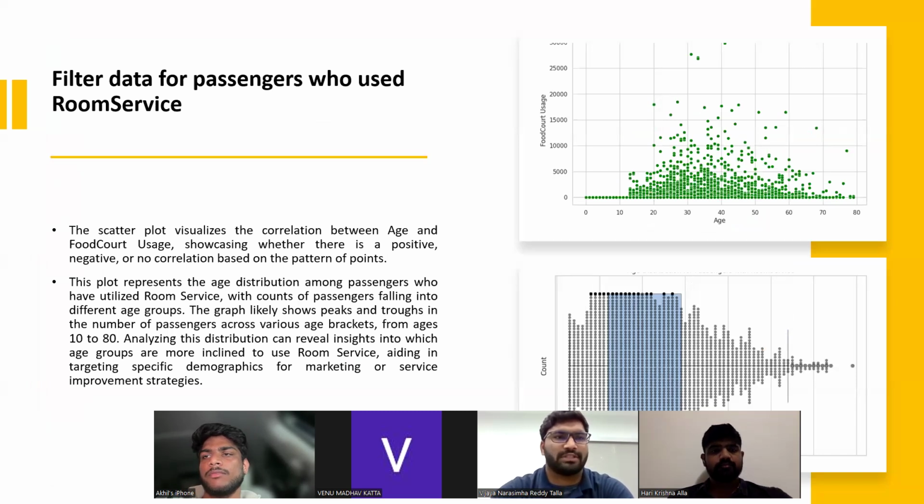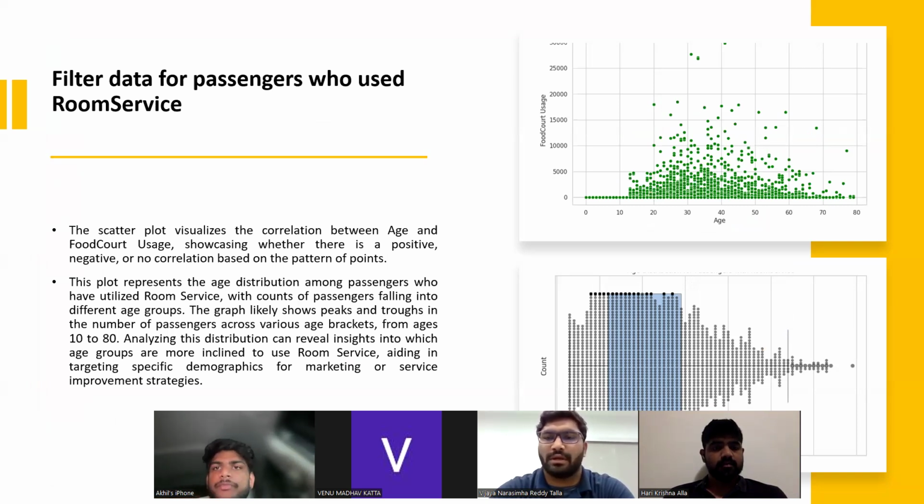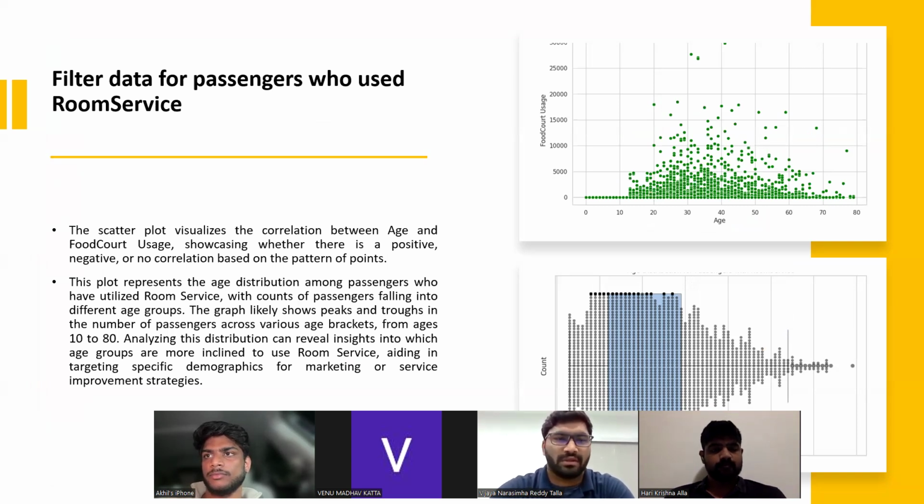Yeah, here I'm going to explain how to filter data for passengers who use the room services. Here we can see the two graphs that represent, on the x-axis, the age from 0 to 80 and, on the y-axis, how much they spent on the food courts. This plot visualizes the correlation between the age and food court.